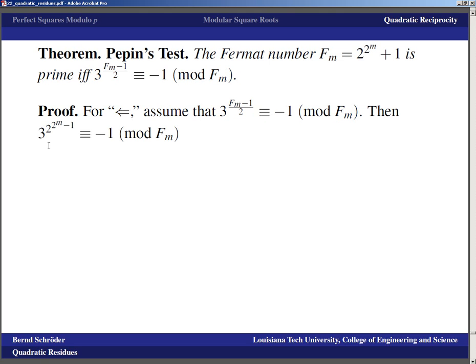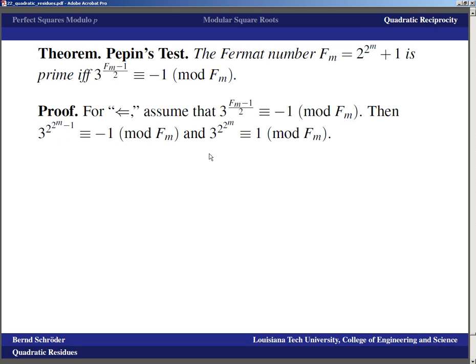Well, that means that 3 to the 2 to the 2 to the m minus 1. Take the Fermat number, this plus 1 with this minus 1 goes away, so I end up with 2 to the 2 to the m, divided by 2 is 2 to the 2 to the m minus 1, so that's all correct. That thing is equivalent to negative 1 modulo F_m.